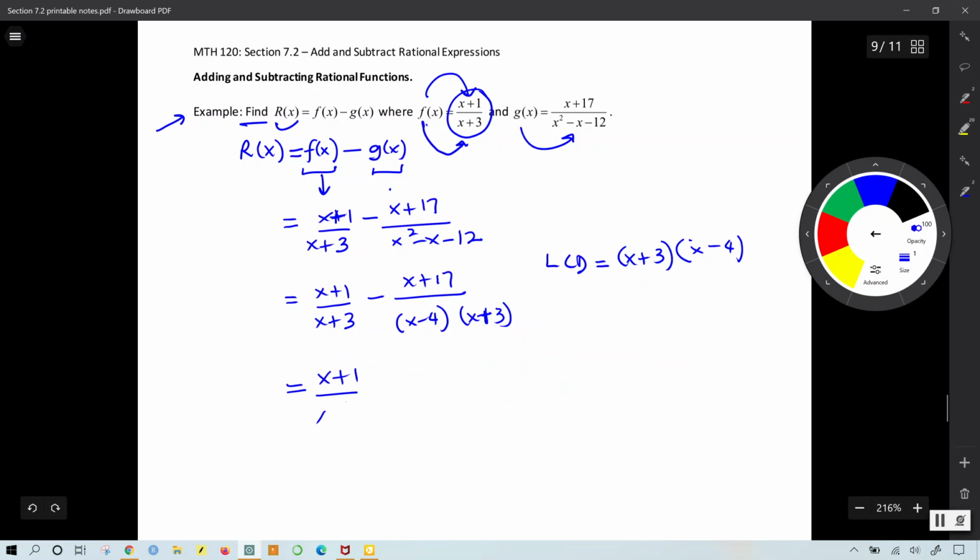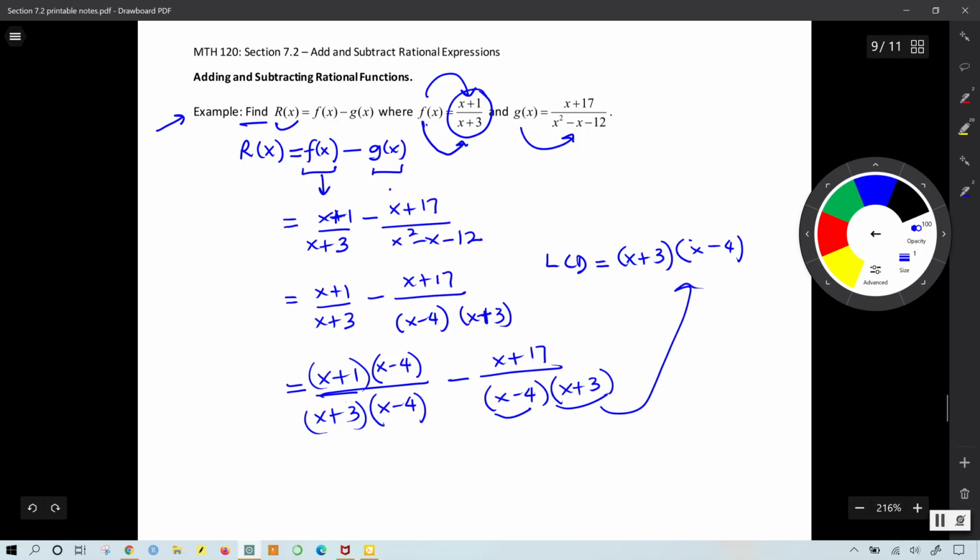X plus 1 over x plus 3. We're going to need to multiply the bottom by x minus 4, which means we must do the same for the top. And then for the other fraction, the bottom is x minus 4 and x plus 3. It already has all the components of the LCD.